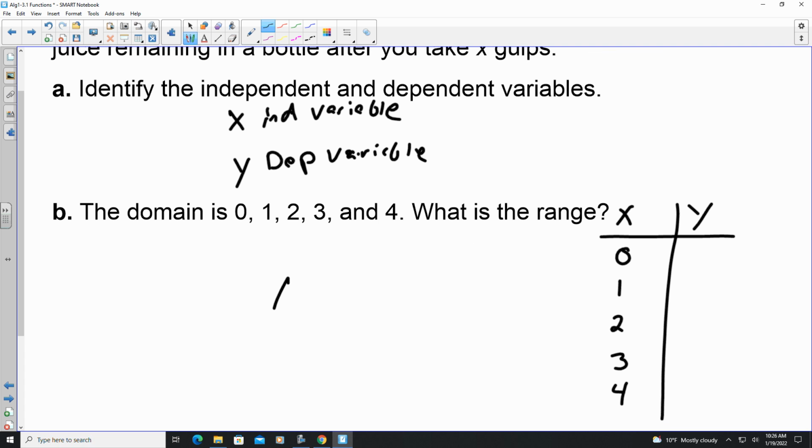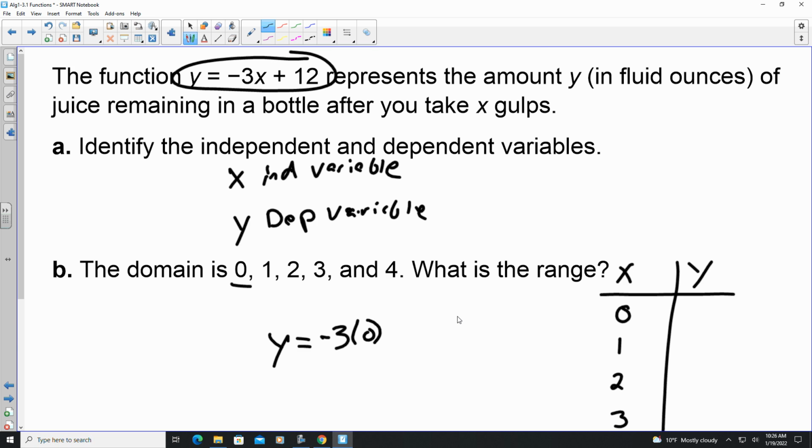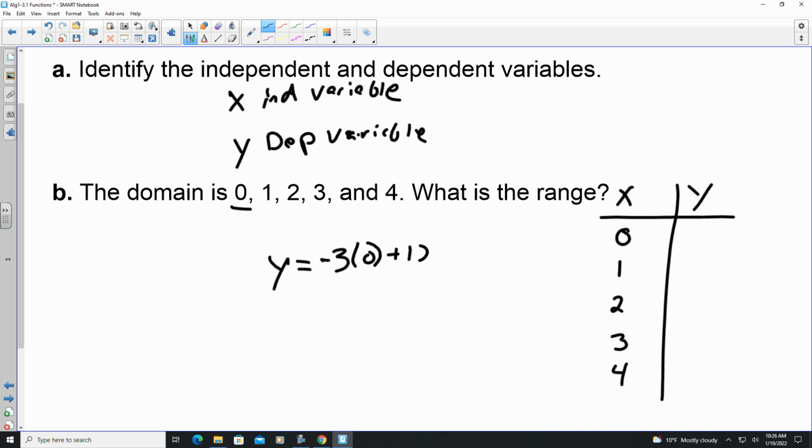This is now going to be y equals negative 3, and now you're going to replace x with the first domain value, which is 0. And then this is now going to be added by 12. So negative 3 times 0 plus 12 is 12.